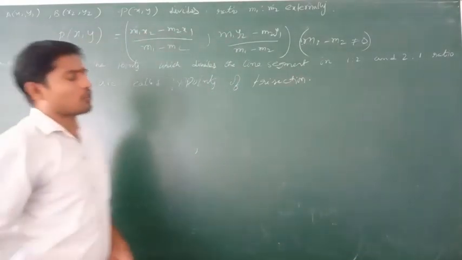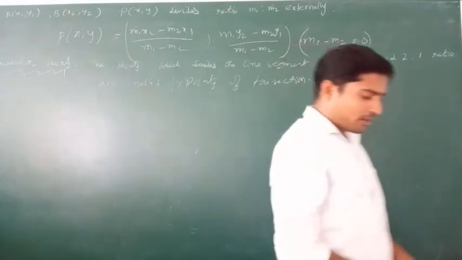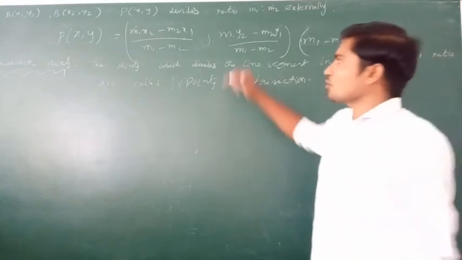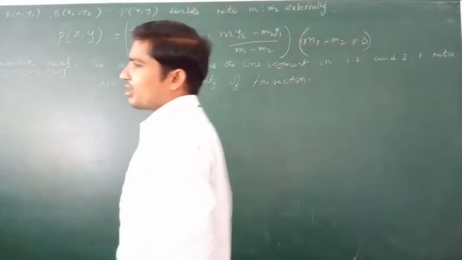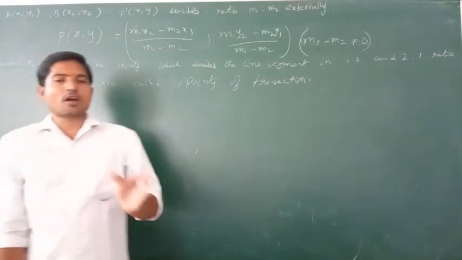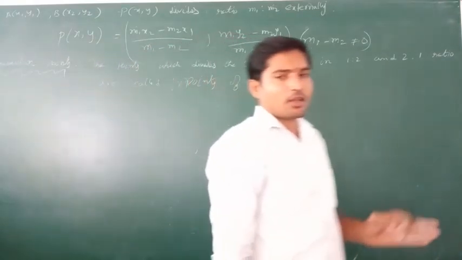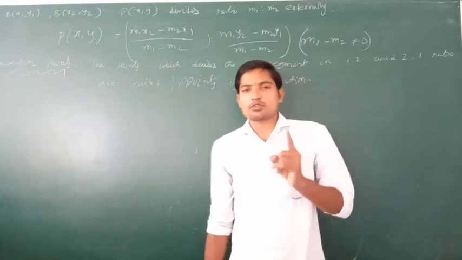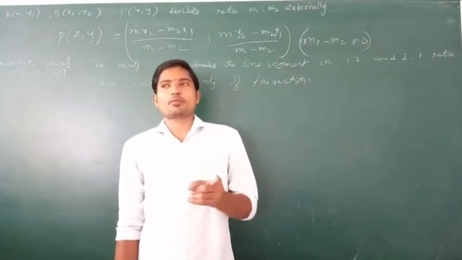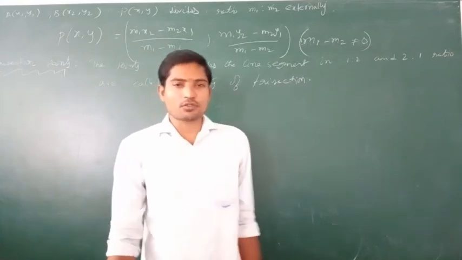So for the 1:2 and 2:1 ratio, we have to find the trisection points. For that we should use the formula (m1x2 + m2x1)/(m1 + m2), (m1y2 + m2y1)/(m1 + m2).